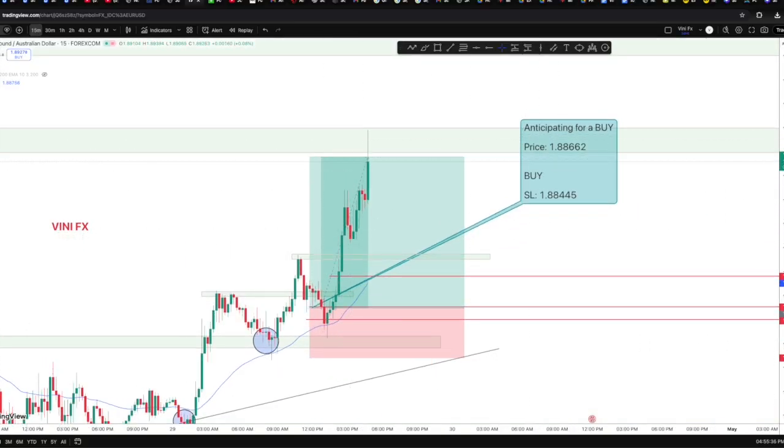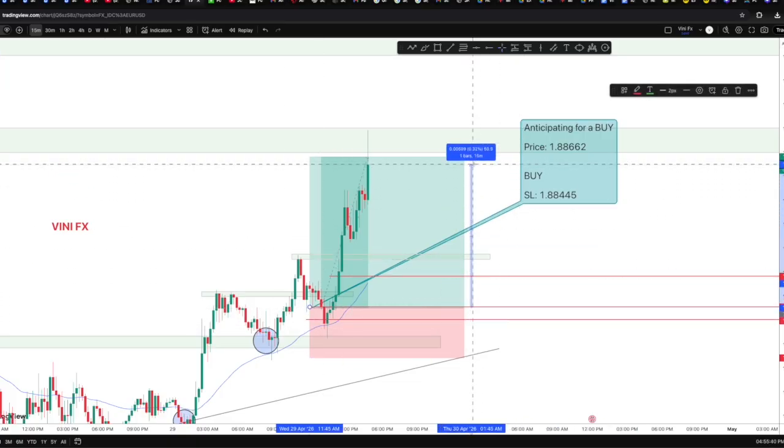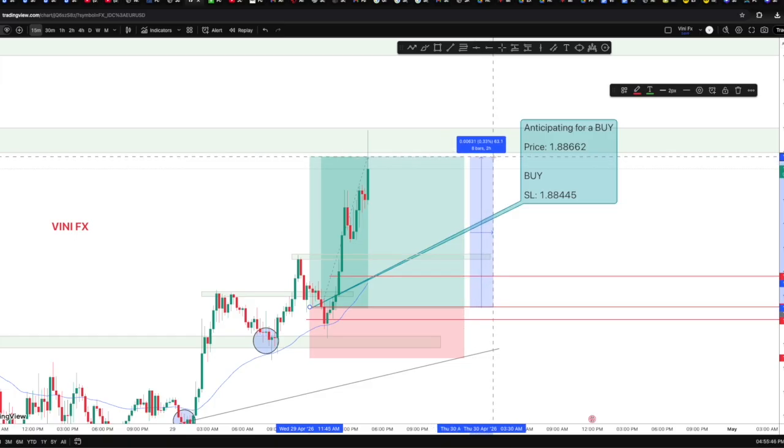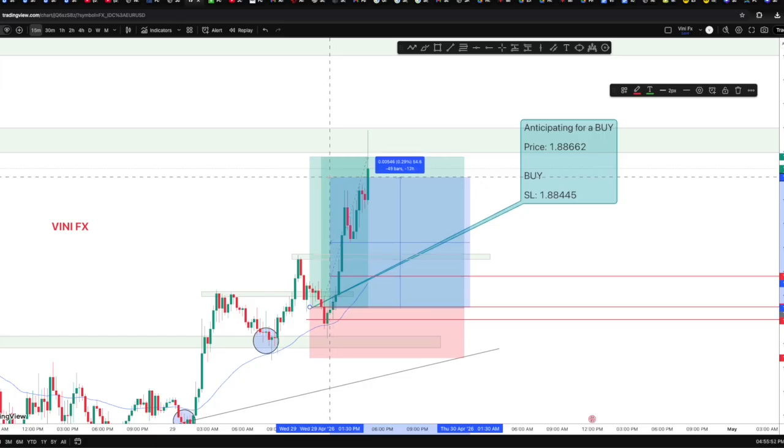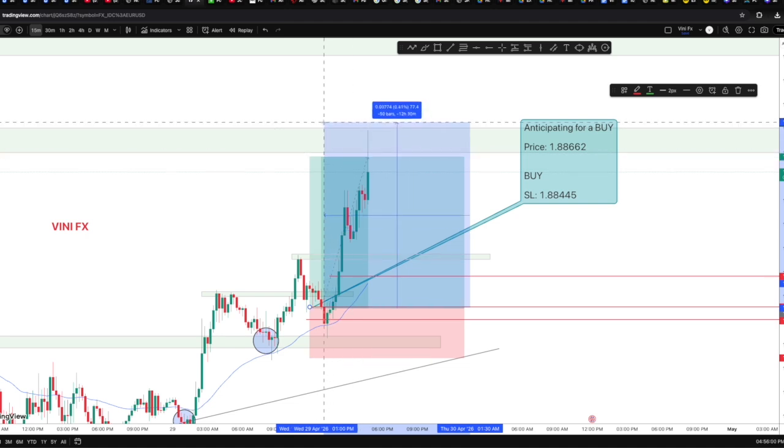So the total time this trade took to play out, where is it? Okay, this point. It's not up to 12 hours. What am I doing? It's 48 bars.